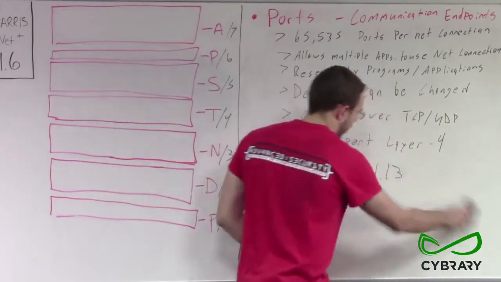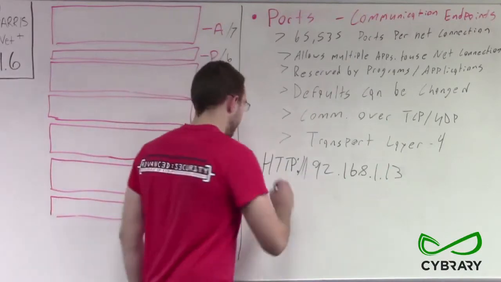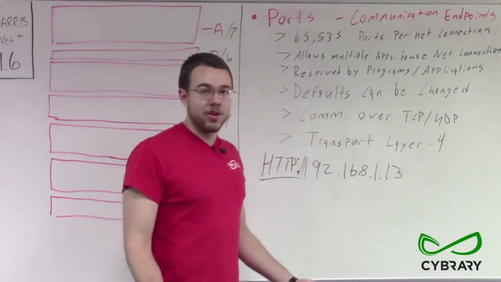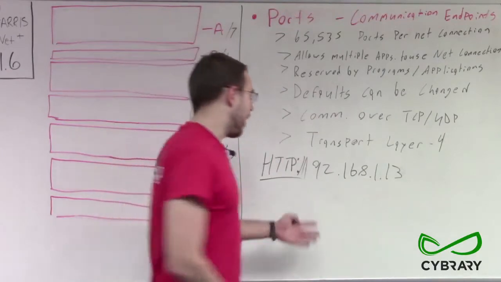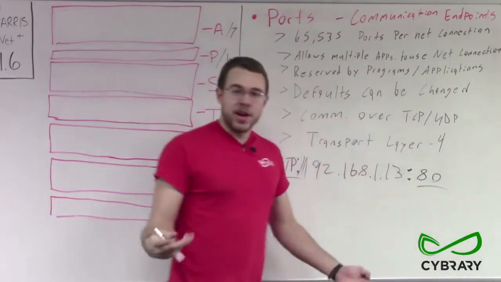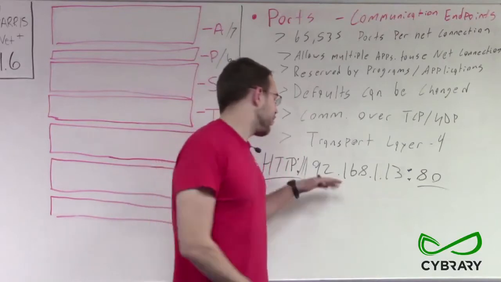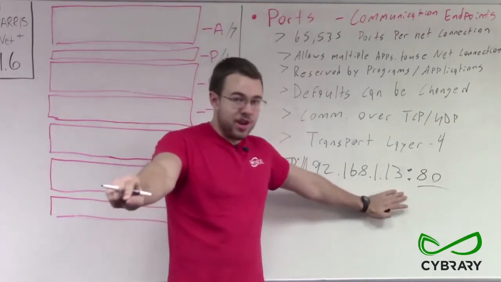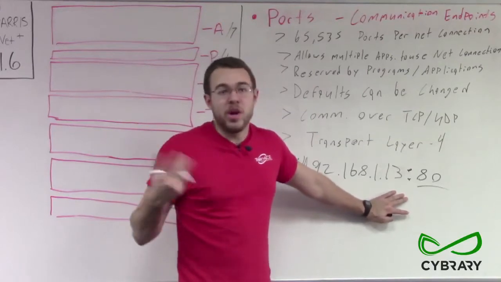If you didn't include your port 8033, your browser would go, oh, this is an HTTP connection. My default port for HTTP is port 80. So I'm going to tack on port 80 and try to communicate with port 80 on this device. And when it gets to that IP address and tries to initiate a connection with port 80, it's denied. It's blocked. That port 80 is closed.